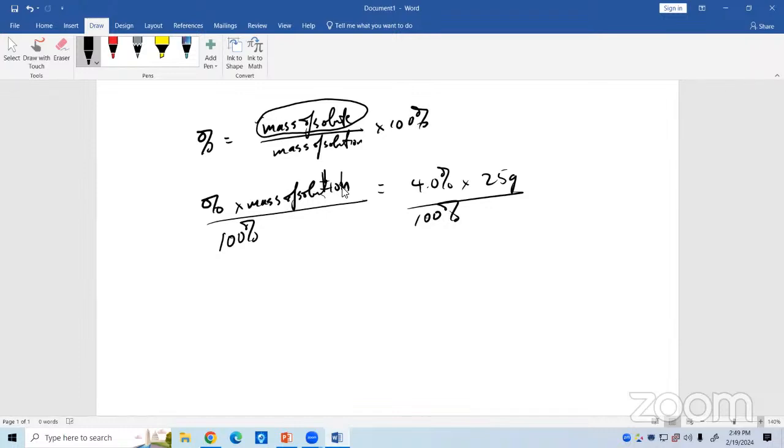So that's 4 times 25 divided by 100. And the answer would be 1.0 grams. So to make the solution, you'd have to weigh 1.0 grams of the solute and add water until the total mass is 25 grams.